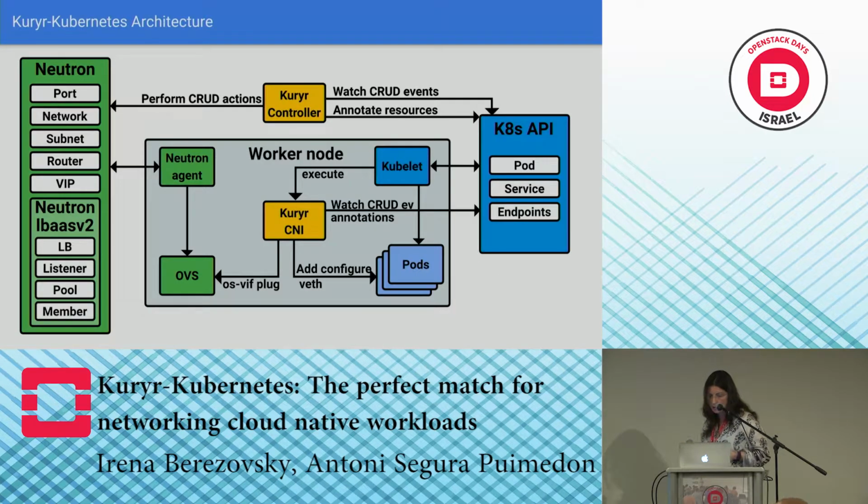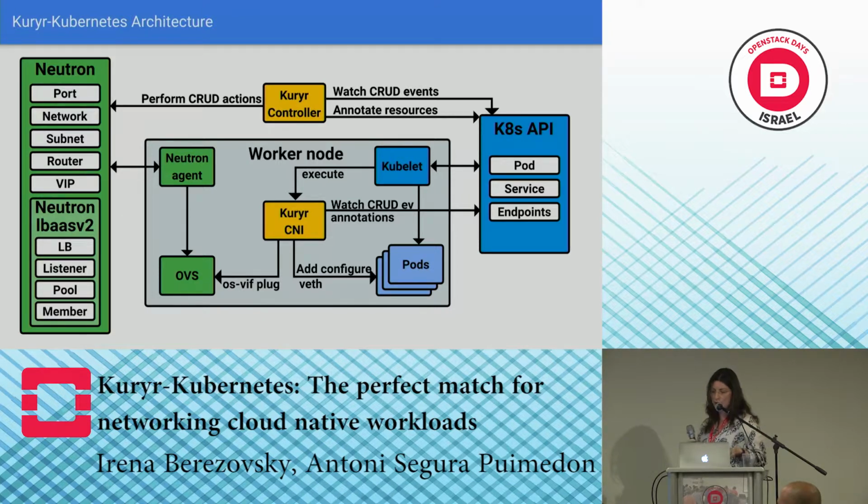So what is the Kubernetes Kuryr architecture high-level view? We already saw that there are two components in the integration. One is the Kuryr controller, which is part of the control plane of Kubernetes, so logically it belongs to the master node. The Kuryr controller's responsibility is to watch the changes of the Kubernetes API.